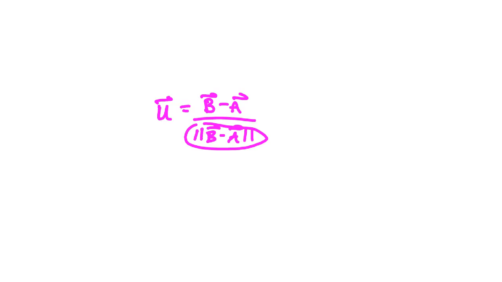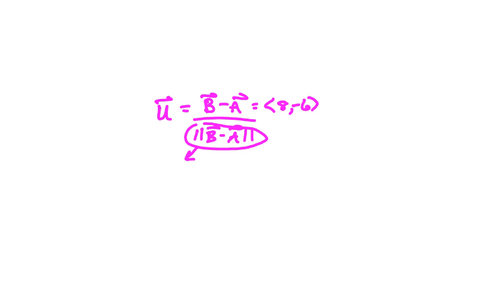The unit vector is going to be B vector minus A vector divided by its size, by the norm of B vector minus A vector. Well, I have to figure out what this norm is. And that vector was 8, -6.